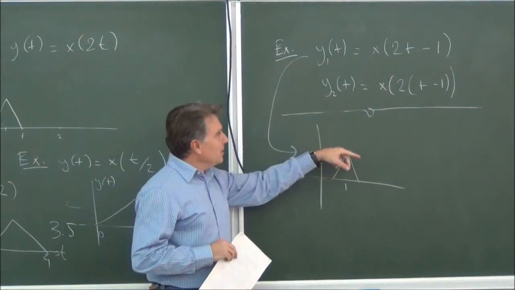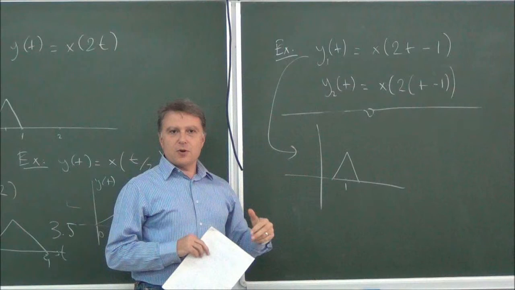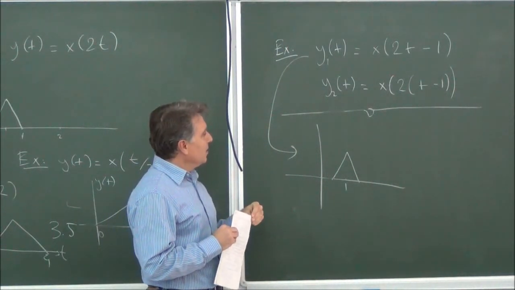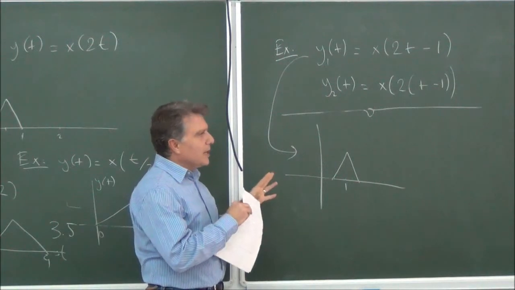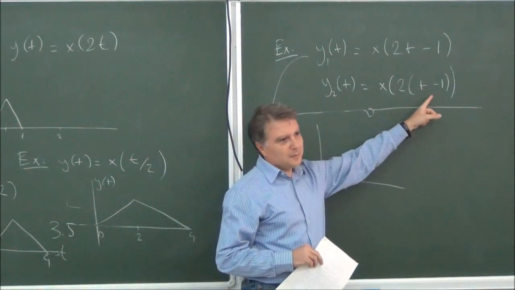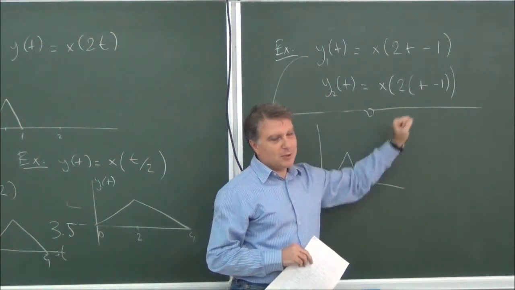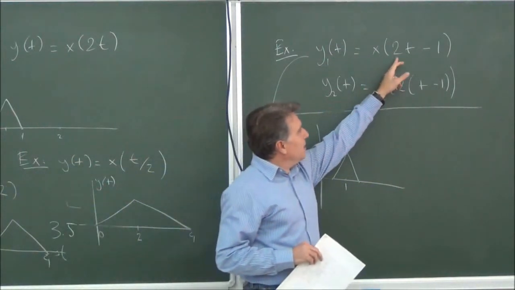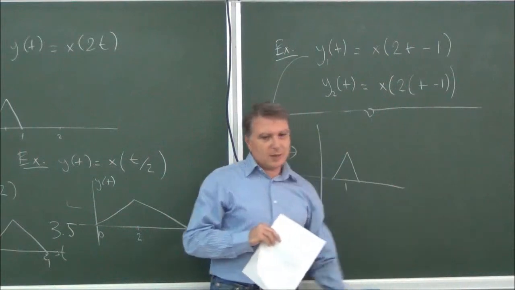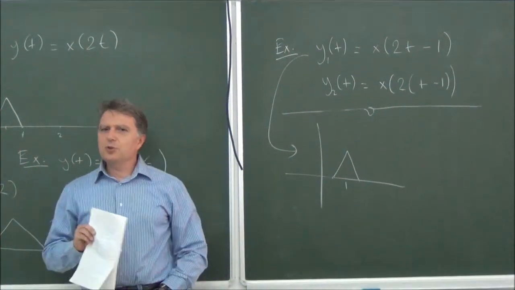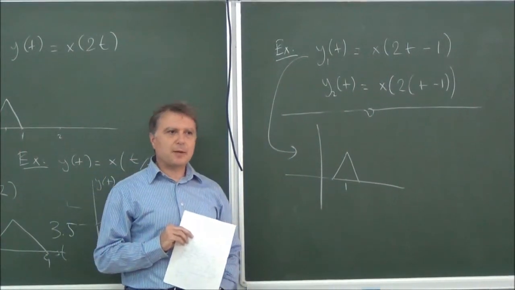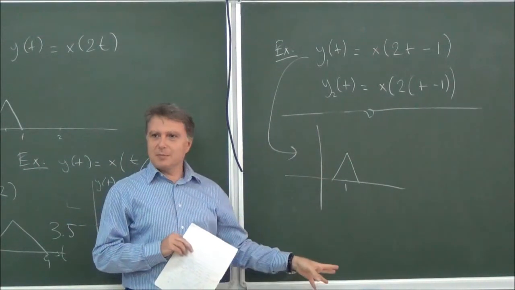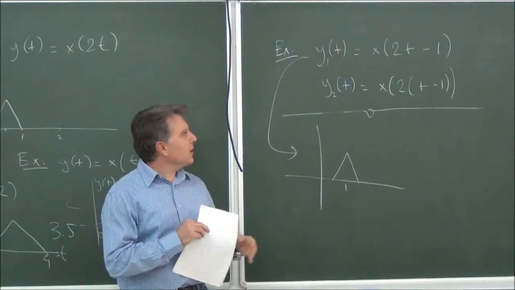The other one, by the way, will be just the opposite, of course. It is first narrowed and then moved by 1, this one. Because the multiplication comes before summation or subtraction. But I'm never sure about such things myself. Okay? I wouldn't jump into a conclusion. Just try to draw these things by yourselves and see whether you can do that.